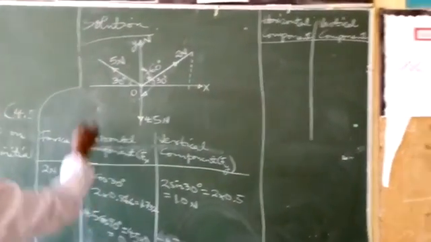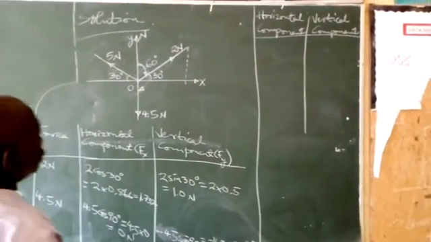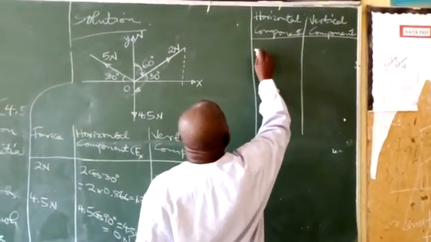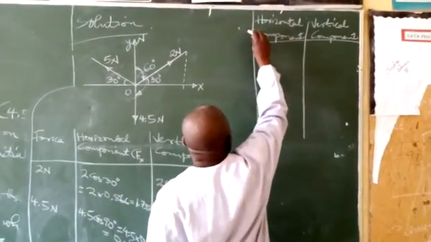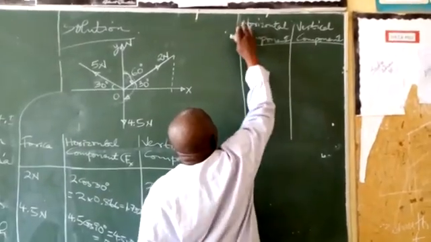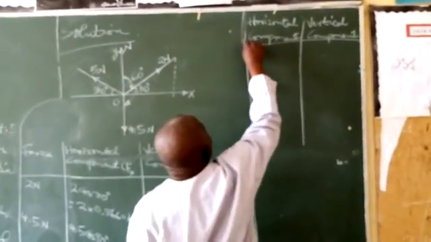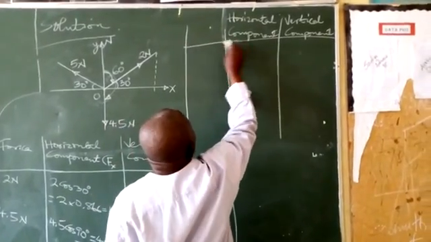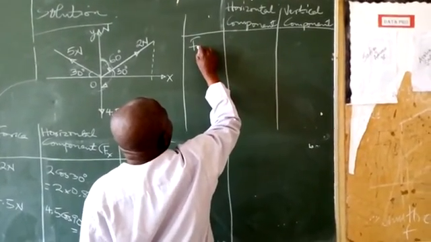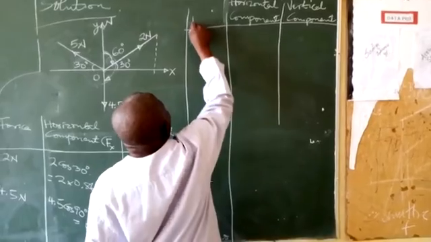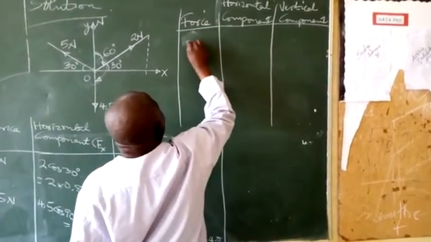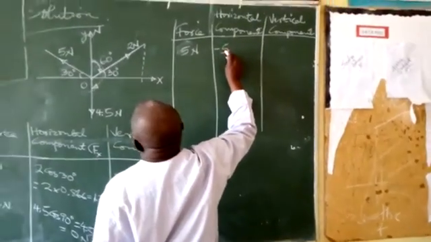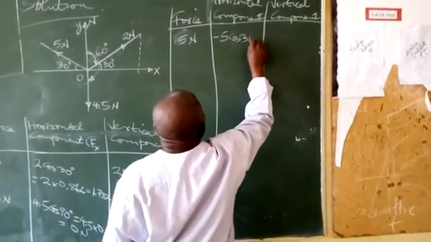For the 5 Newton force, the horizontal component will be minus 5 cos 30 degree.